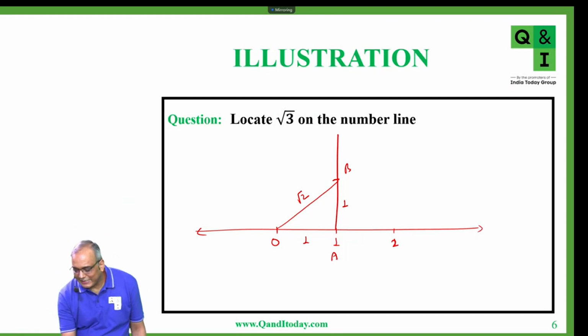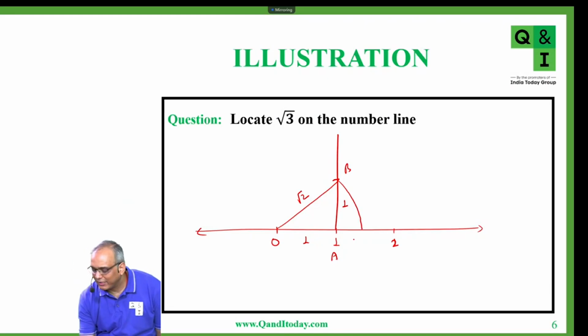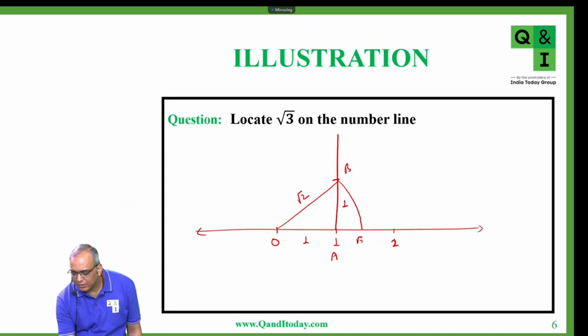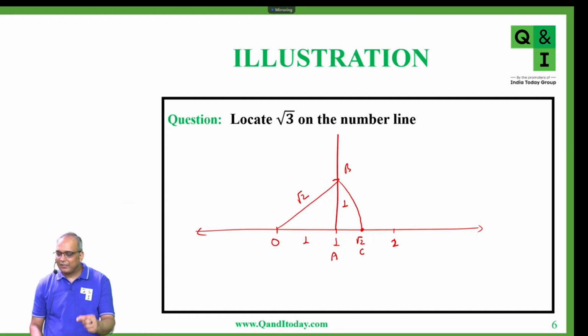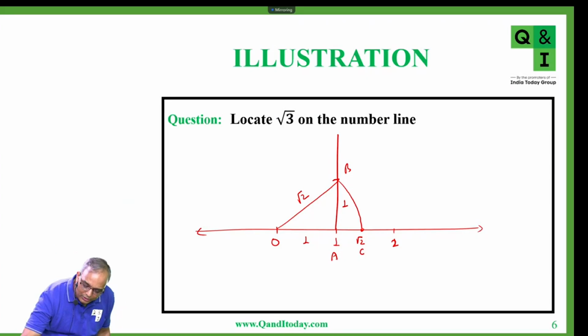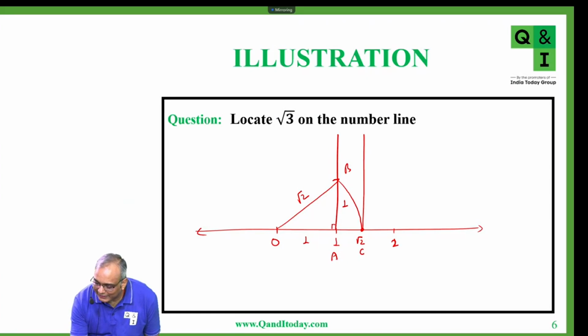So I'll explain that concept again when I'm doing it here. So first of all, as I said, we'll draw root 2. So we'll draw a curve here. So let's say this point is root 2. Now this point is, let's say, C. Now the other method which I was talking about, what we are going to do is again draw a perpendicular here at C. So we had one right angle triangle here.